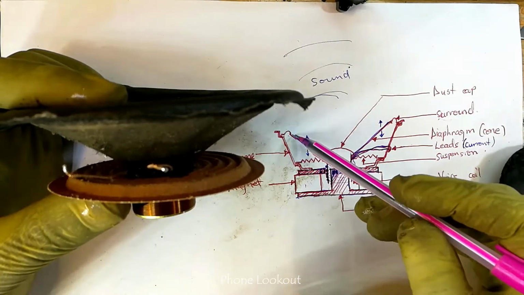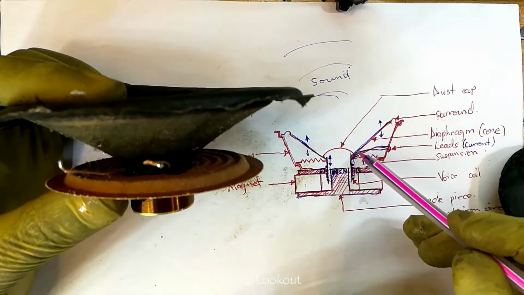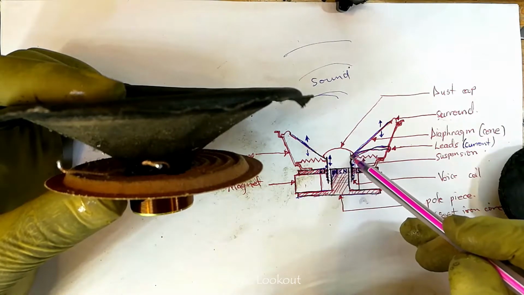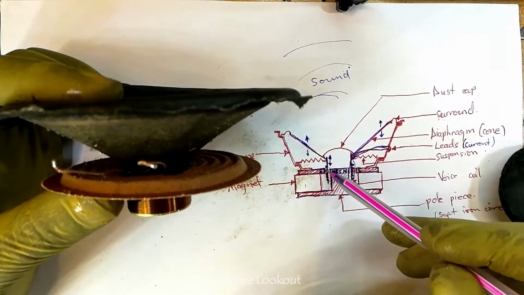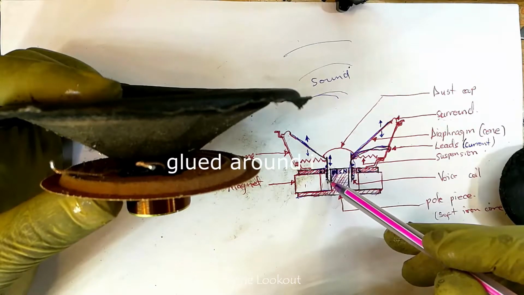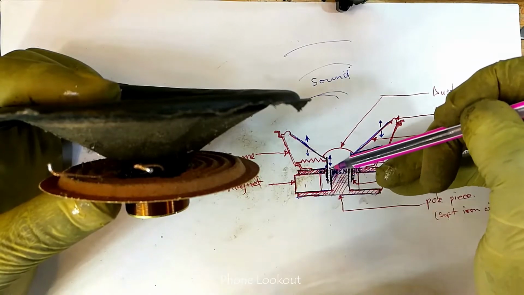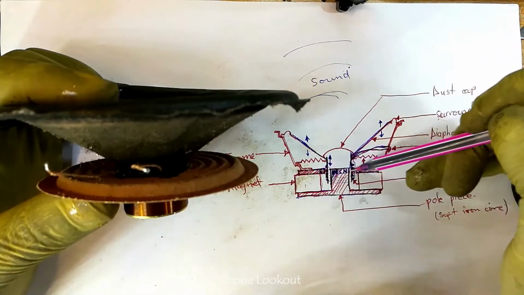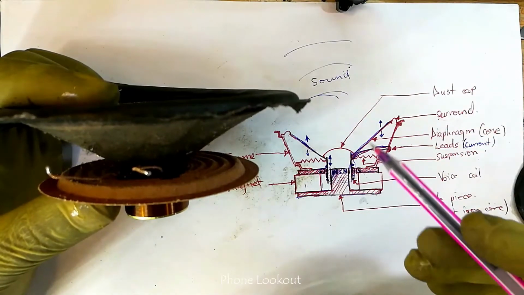That assembly of the cone or diaphragm glued onto that cylinder, and then with the coils around it, plugs into that hole between the pole pieces of the magnet.